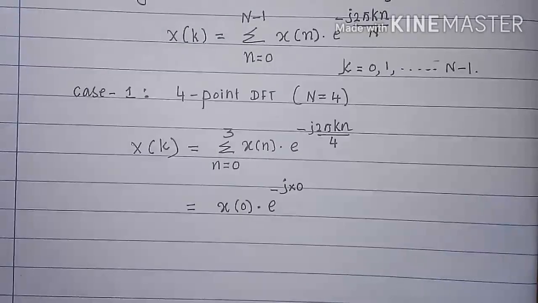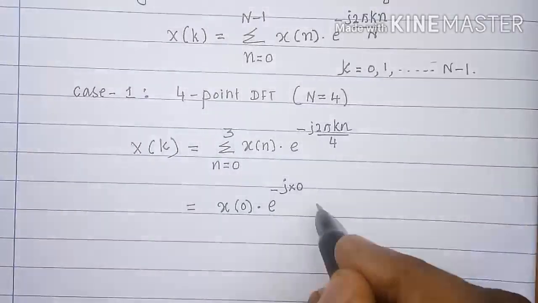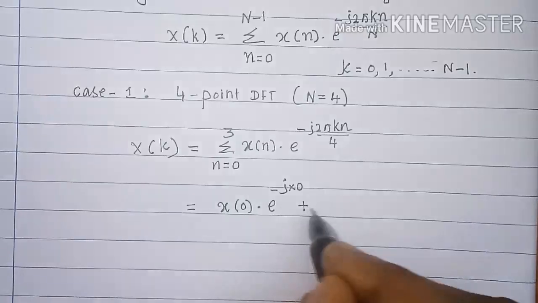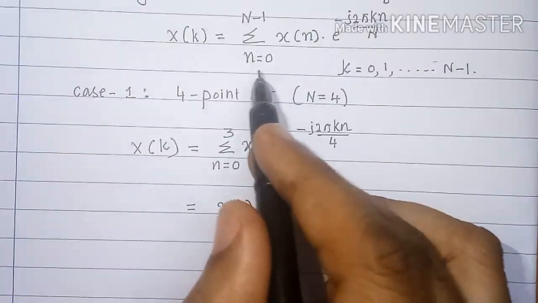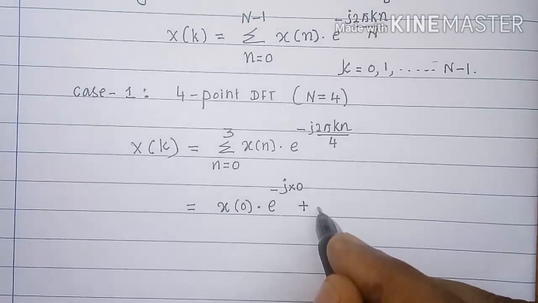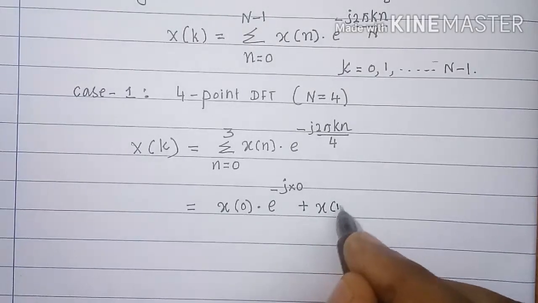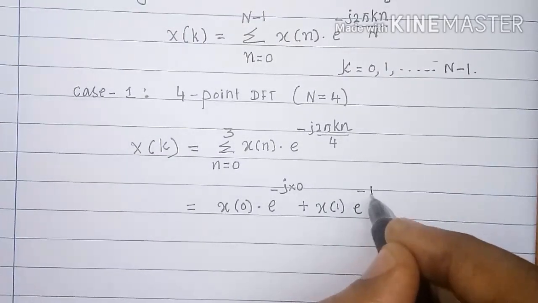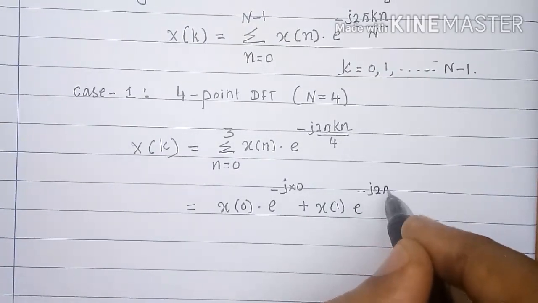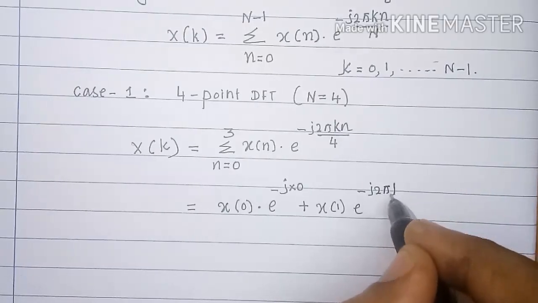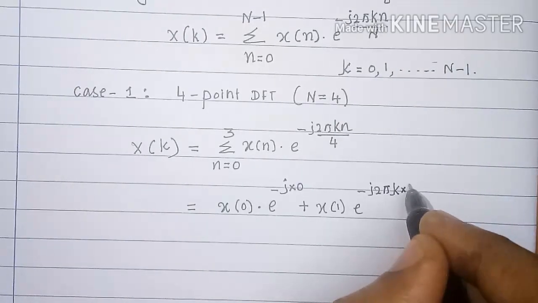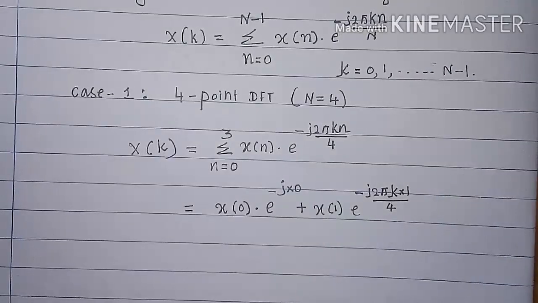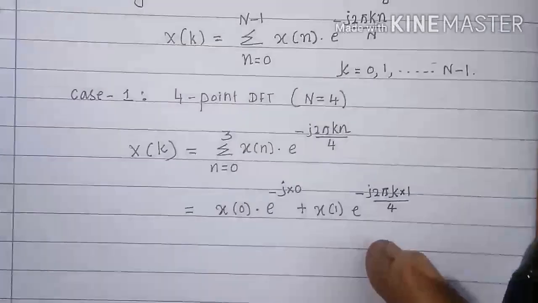So it is minus j into 0. Plus, for n equal to 1, x of 1 e raised to minus j 2 pi k into 1 by 4.